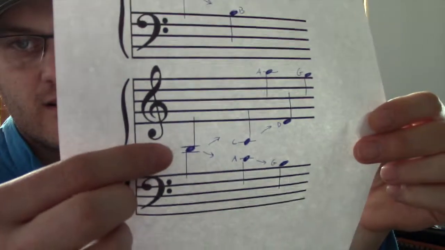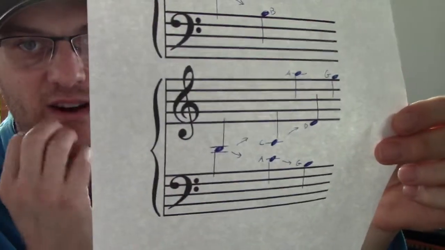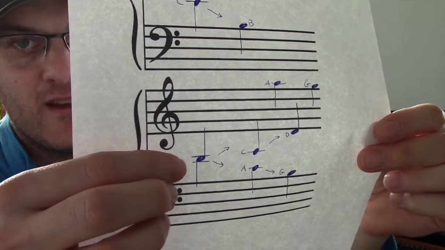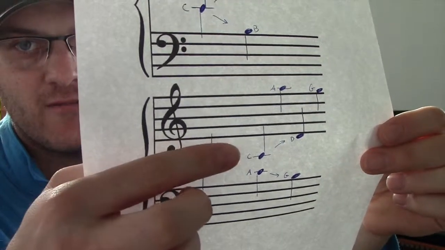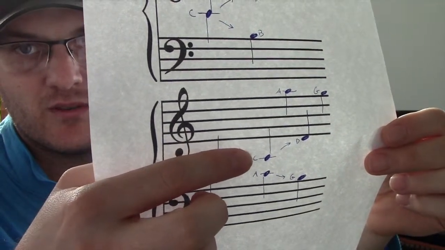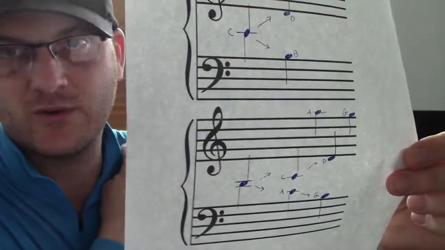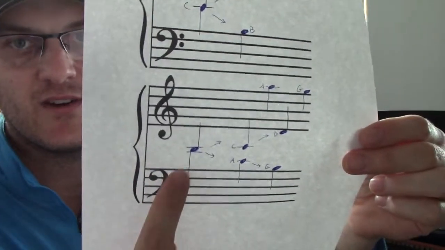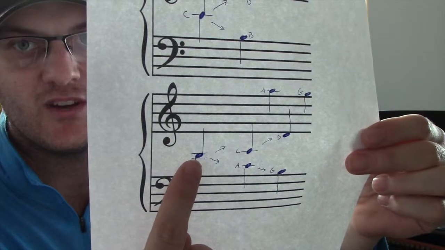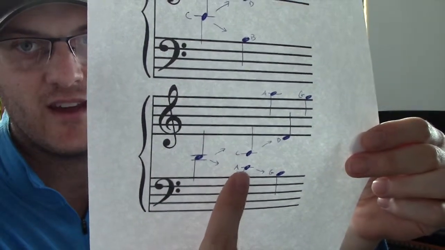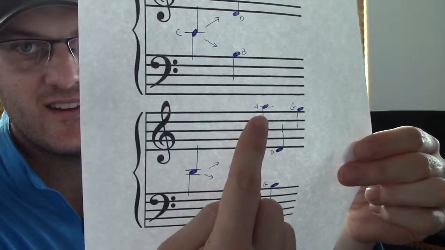So if we had middle B like that and decided to split the grand staff in the middle with the note B, if you go up from B, you'll have C just like you normally do. Go up again, you'll have D just like we normally do. But if you're in bass clef and you had B as the middle, and you go down from B, you'll have A just like you have in the treble clef.